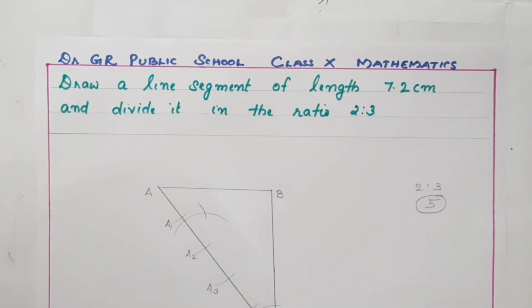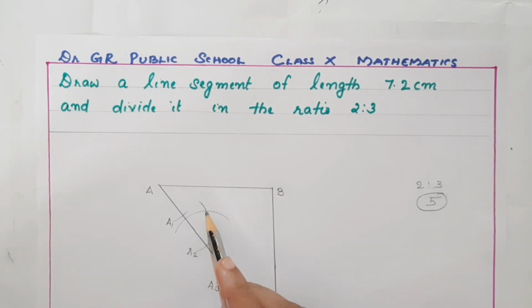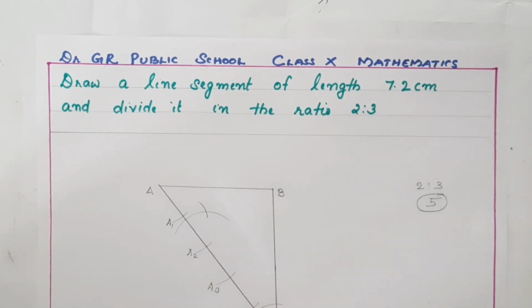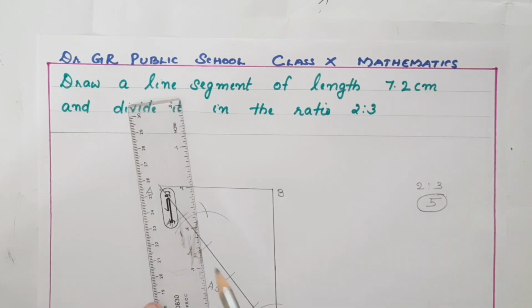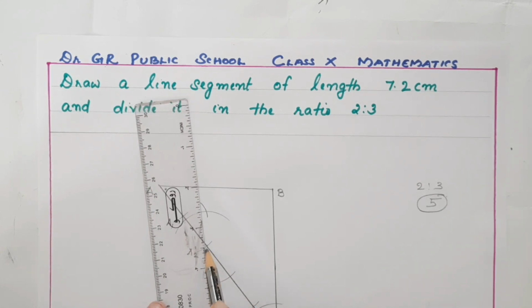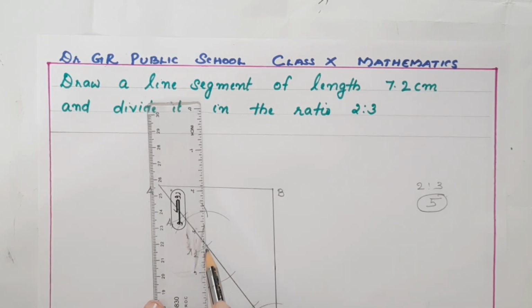Okay, children. Now what is the next step? We have to join this new point of intersection and A2. Okay, so join this A2 and the new point of intersection.